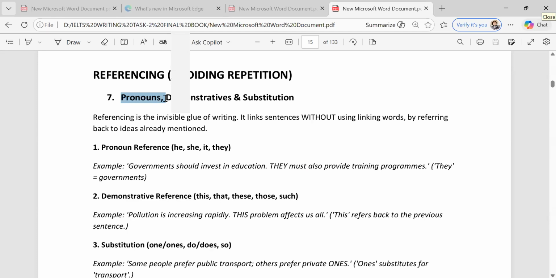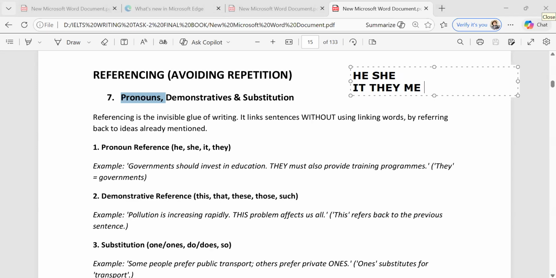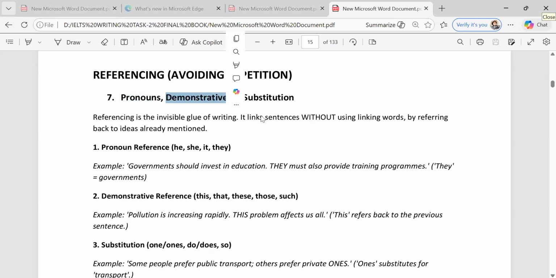We never use personal pronouns. What I mean is you cannot say he or she. You can use general pronouns like it or they, but not he or she or me. Never use me, etc. Instead, you can use general, generic ones. And you can use demonstrative pronouns, or you should know how to use substitutions. One by one, we will study them.